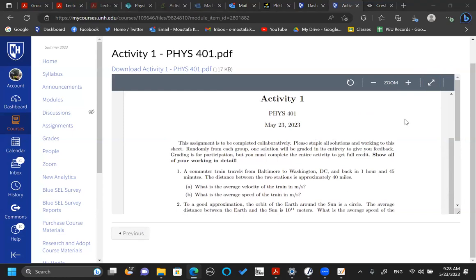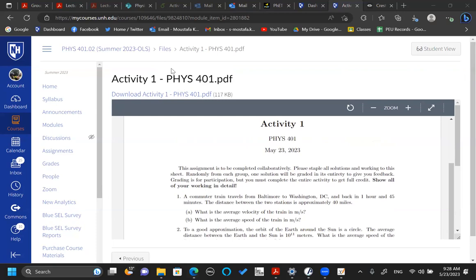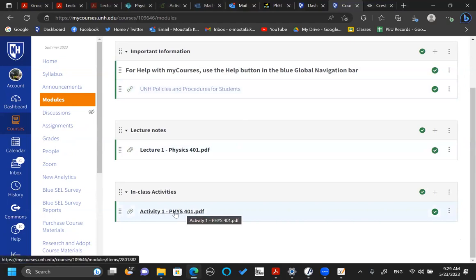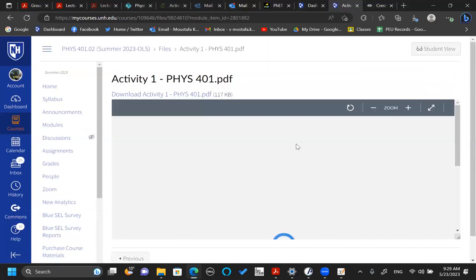Guys, can you hear me on Zoom? Please confirm if you can see it on Zoom. Zoom is up, as I can see under the module here, in class activity 1.